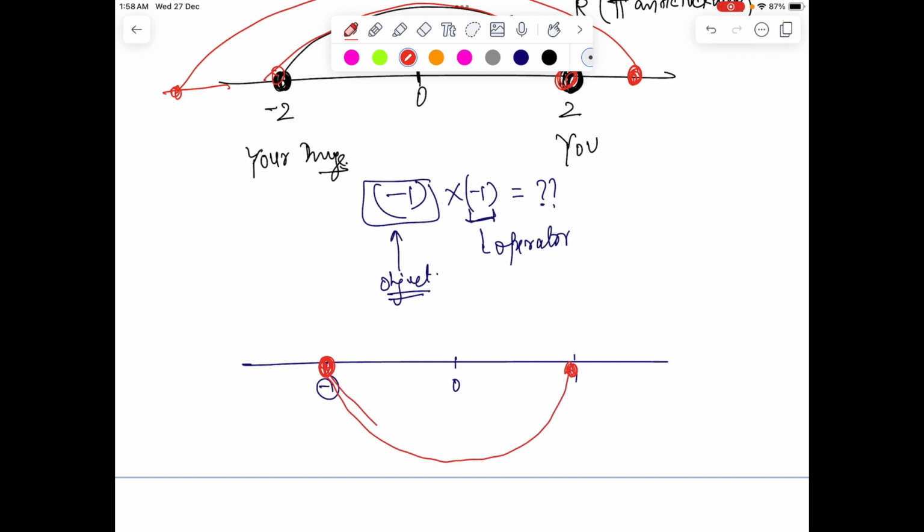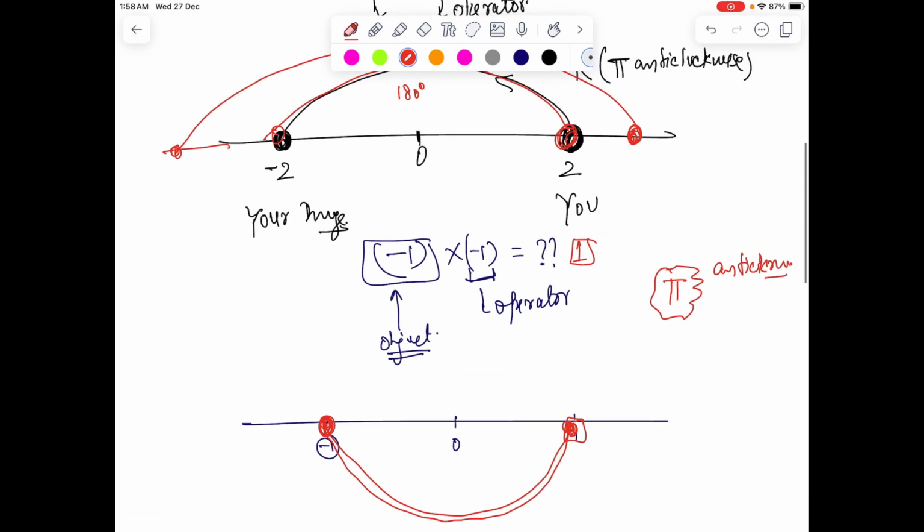So where exactly will we go? We'll end up at 1. So this feeling of rotation by 180 degree or rotation by pi angle in anti-clockwise sense, which is positive angle, is something inherent when you multiply some object with minus 1.